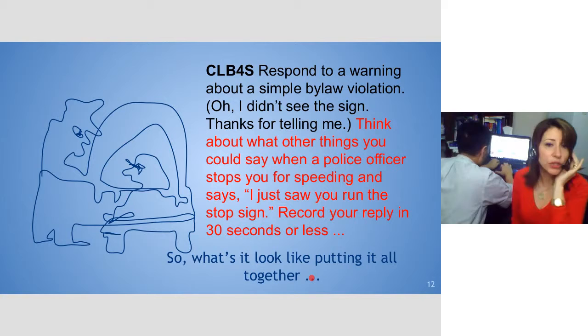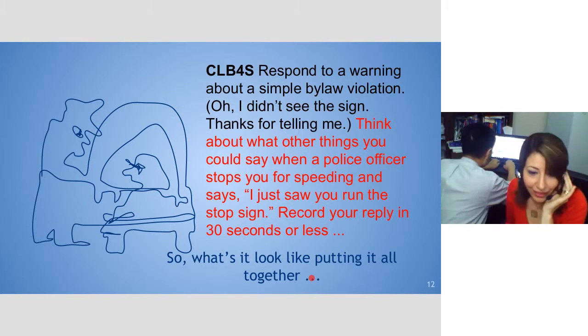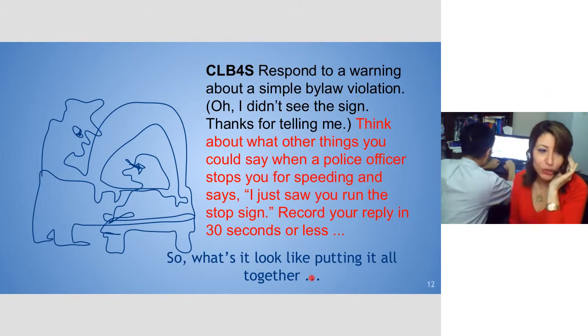Now, what they need to do, they need to record their answer. And you can see the picture. This is Joseph's drawing. That's a police officer, and this should be a car. Okay? That's not me. That's not true. But anyways, that is the task, and this is how we can expand on that.